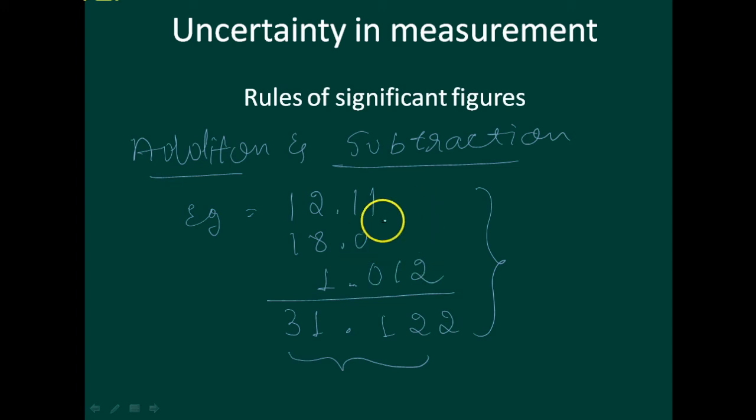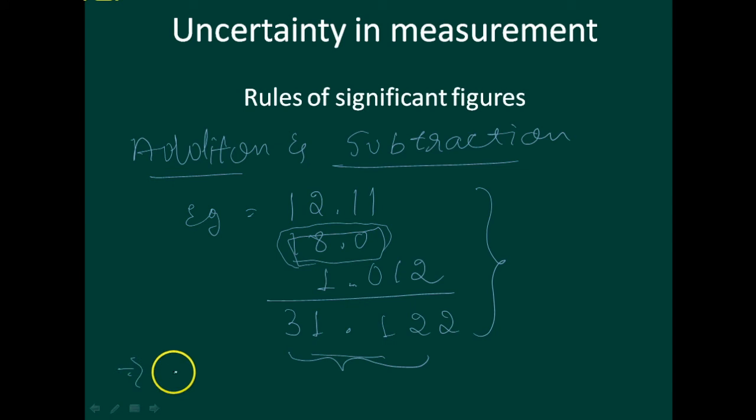In which original number? Here 18.0 has only one digit after the decimal point, so the result should not exceed that.